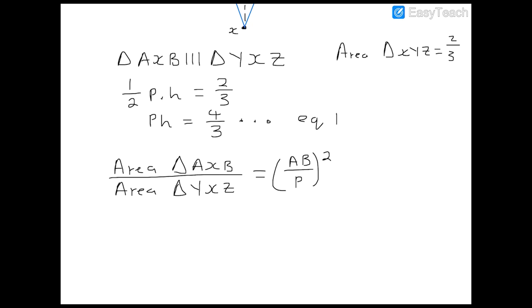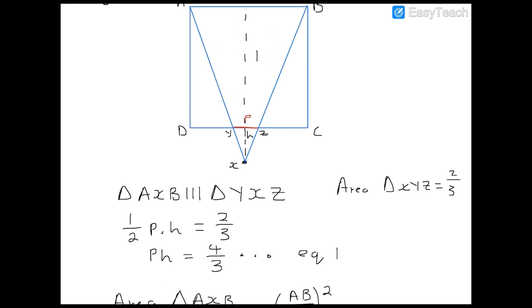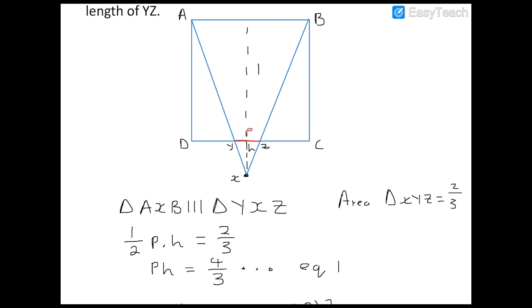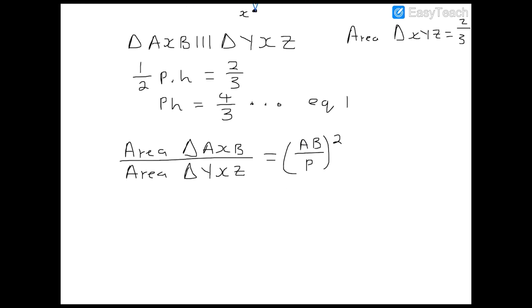Now for AXB, the area of AXB, the base is 1 and the perpendicular height is 1 plus h. So let's write that down.